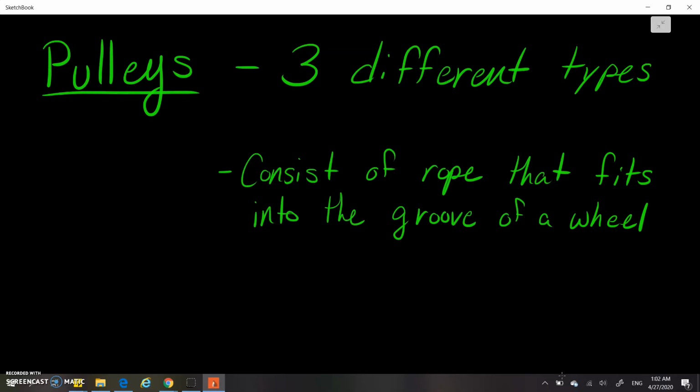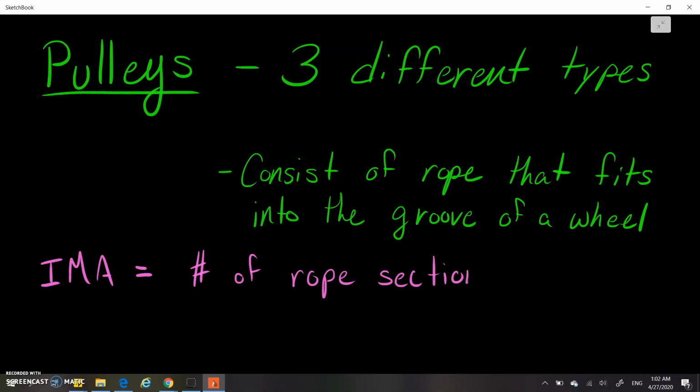For all of the pulley systems that I'm going to talk about, your ideal mechanical advantage is going to be equal to the number of rope sections that are supporting the load being lifted.